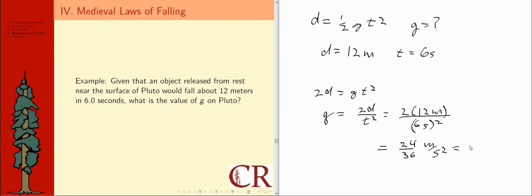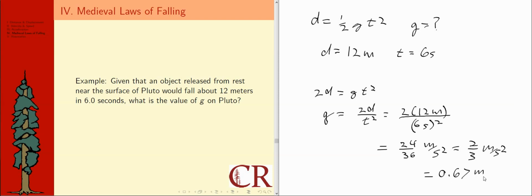There's a common factor there, 12, I guess. So this is really equal to 2/3 meters per second squared, which as a decimal I could write, since we're at 2 significant figures here, as 0.67.